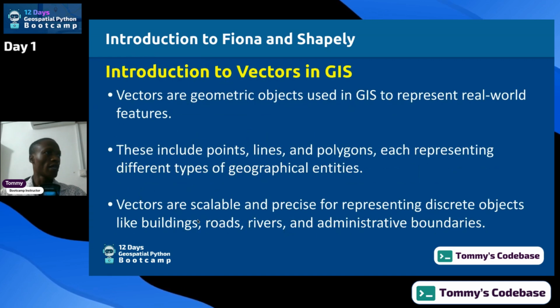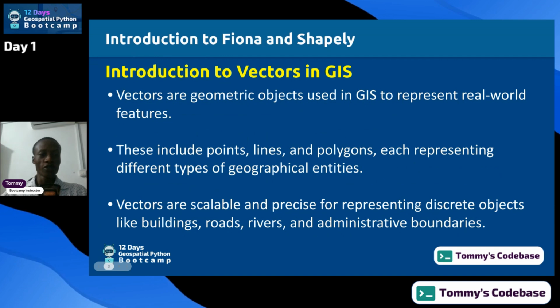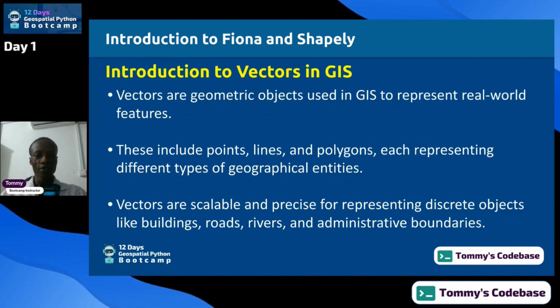Okay, so what are vectors in GIS? Vectors are geometric objects used in GIS, which is Geographic Information Systems, to represent real-world features. In their basic forms, we have them as points, lines, and polygons, each of them representing a different type of geographic entity.